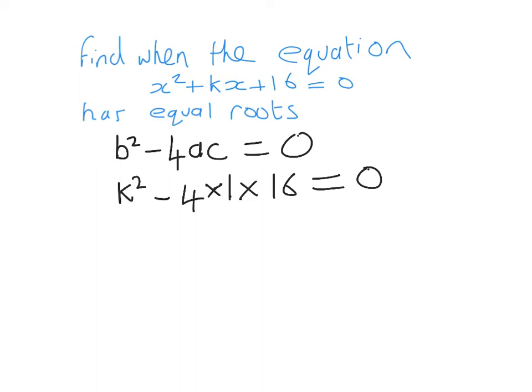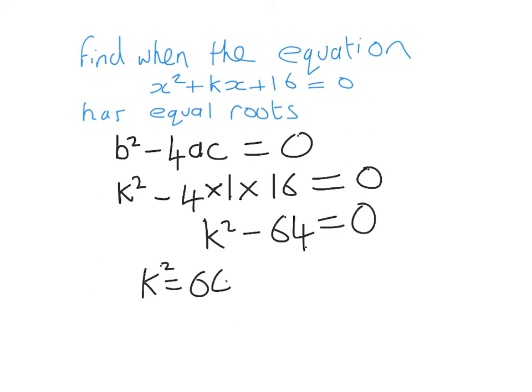So I just substitute that in. k squared minus 64 equals 0. So k squared equals 64. k is positive and negative 8. So it has equal roots when k equals 8 or negative 8.